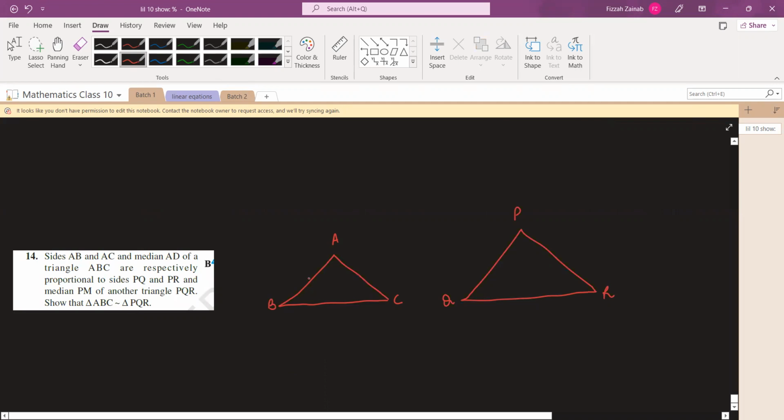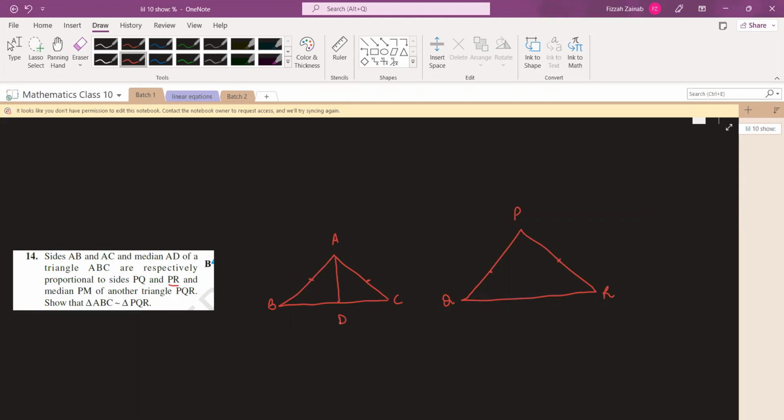So that means this side is proportional to side PQ, and AC, that means this side, is proportional to PR. And there's a median AD, which is proportional to median PM.